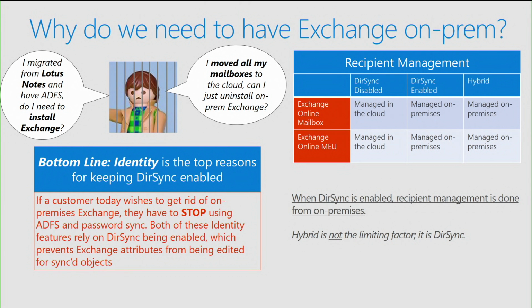A good example of this would be things like adding proxy addresses or changing the domains associated with my recipients. I need to do that on premises and have those changes synchronize up to Office 365 because the source of truth for those users is actually the on-premises deployment. I can't make those changes in Office 365 and have them synchronized down to my on-premises deployment.